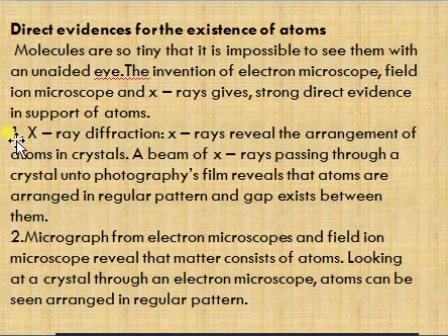Now the concrete evidence, we have 2 of them. Number 1, by the use of X-ray diffraction. X-ray reveals the arrangement of atoms in crystals. With the use of this X-ray, we observe that these atoms are arranged as crystals.